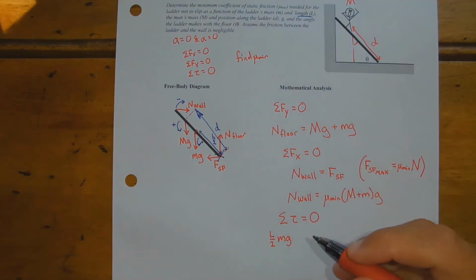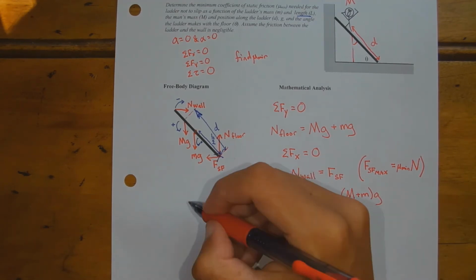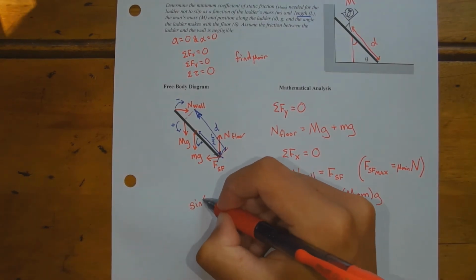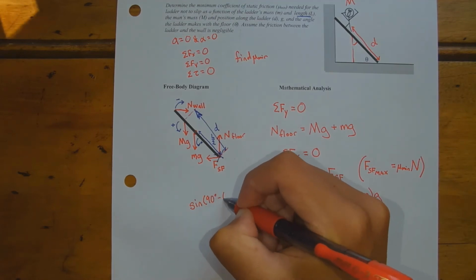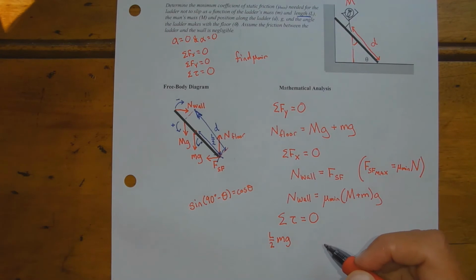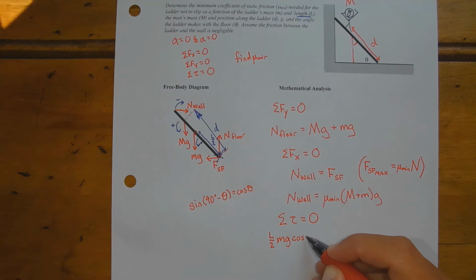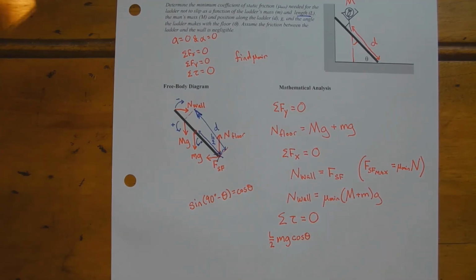So this is supposed to be times sine of 90 degrees minus theta. But sine of 90 degrees minus theta is equal to cosine theta. So I'm going to use that to say this is capital L over 2 times m times g times cosine theta for the torque.